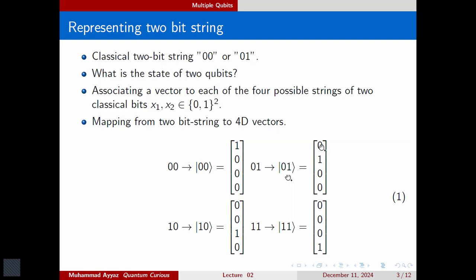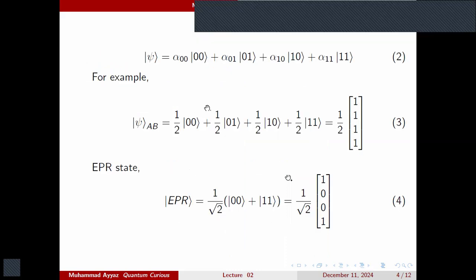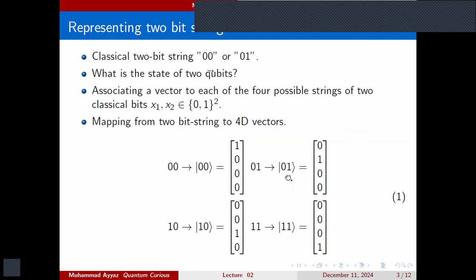Similarly, |10> can be described as the column vector (0, 0, 1, 0), and similarly for |11>. So a state vector would be a linear combination or superposed state of these basis vectors, and these state vectors that we defined classically form the basis of a four-dimensional complex vector space.